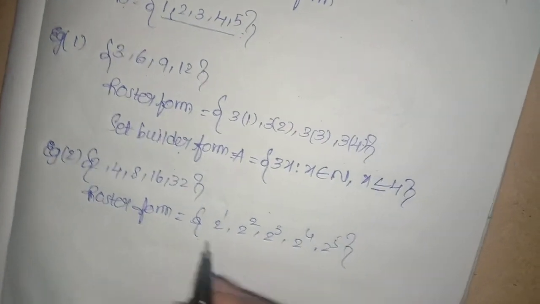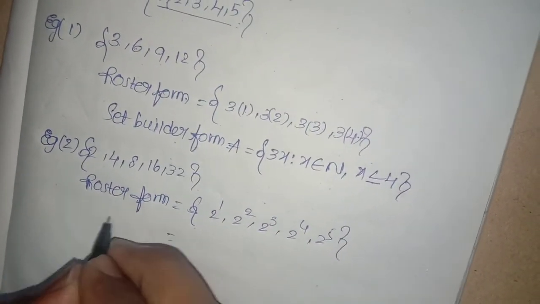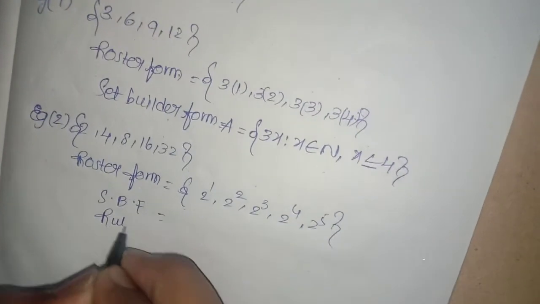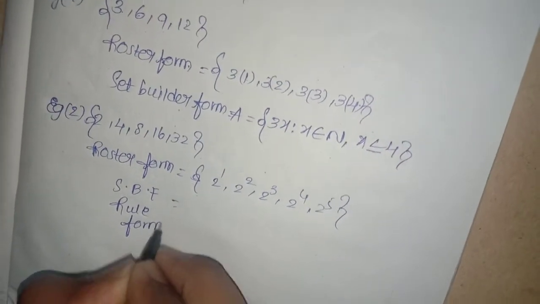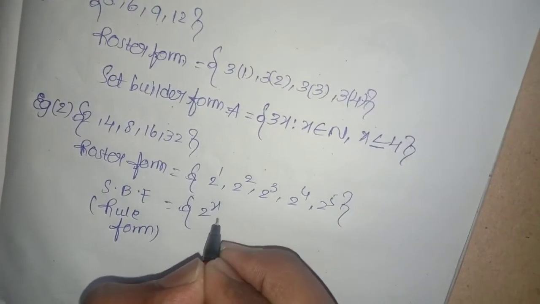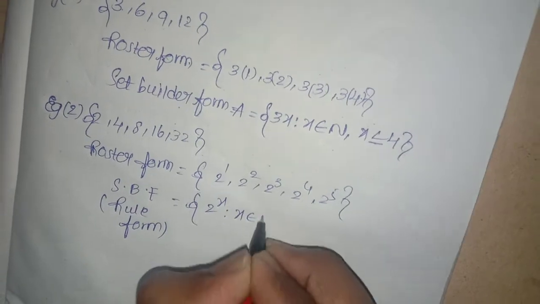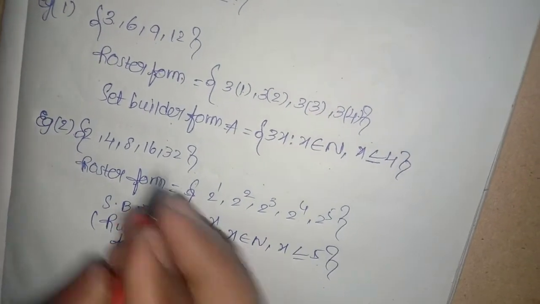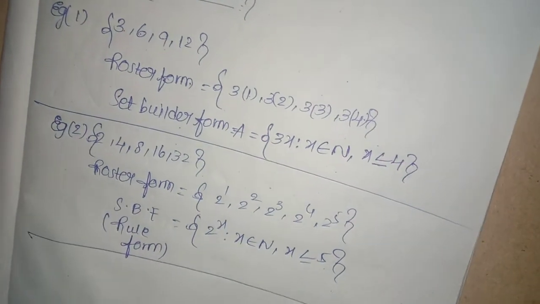So here the common base is 2. So we will write the set builder form, also called rule form: 2 power x colon x belongs to natural numbers, x less than or equal to 5. Like this we have to convert roster form into set builder form.